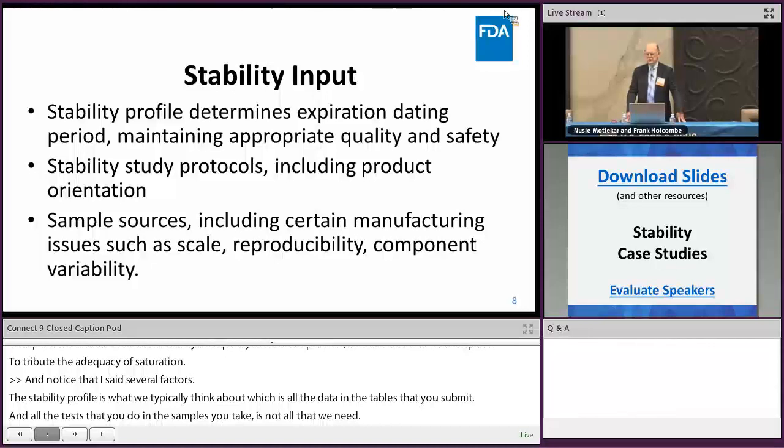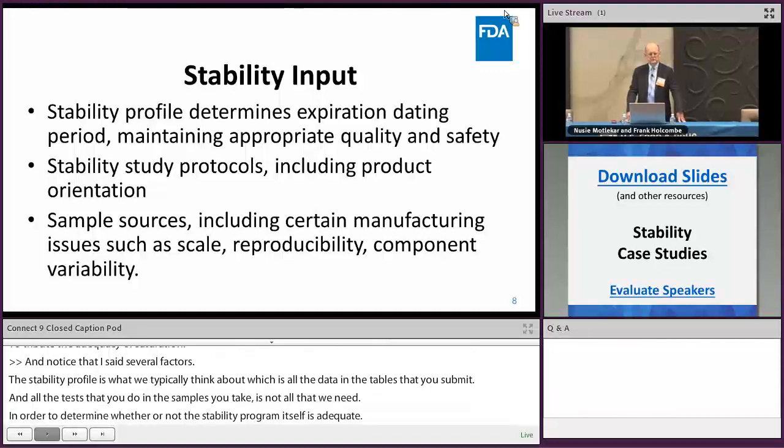There are several other inputs to our overall decision that on their face may look like they don't have anything to do with whether the stability data passes, so to speak, passes.